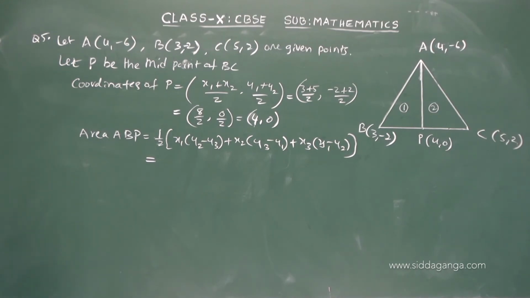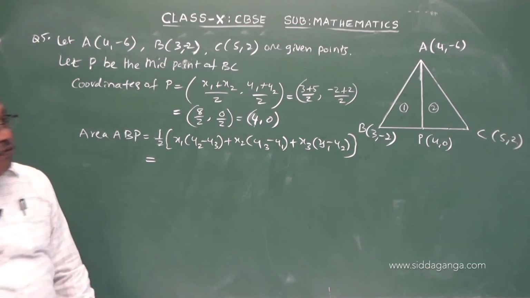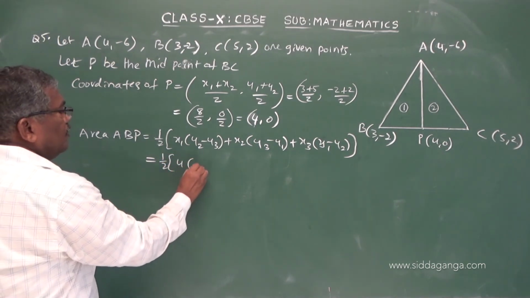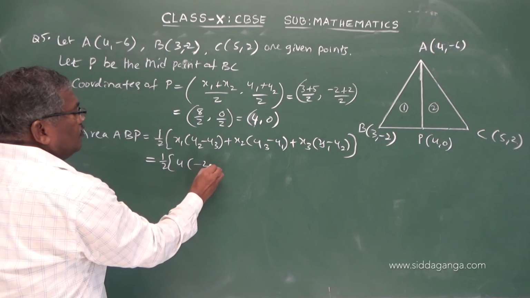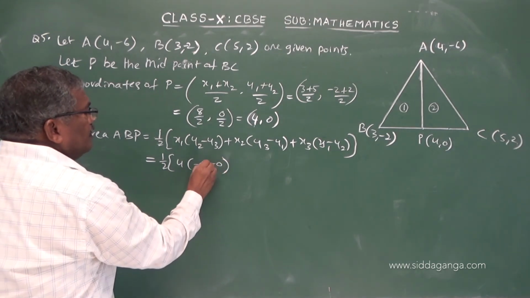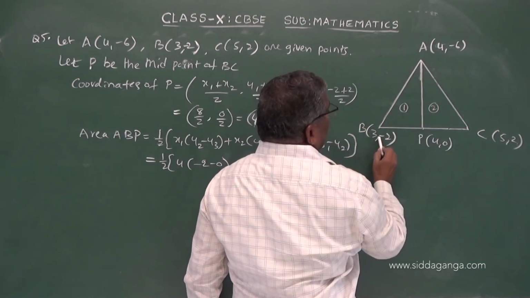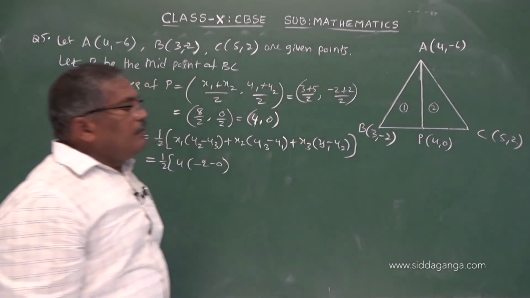So we get half of 4 into (minus 2 minus 0), where these are x1 y1, x2 y2, x3 y3.